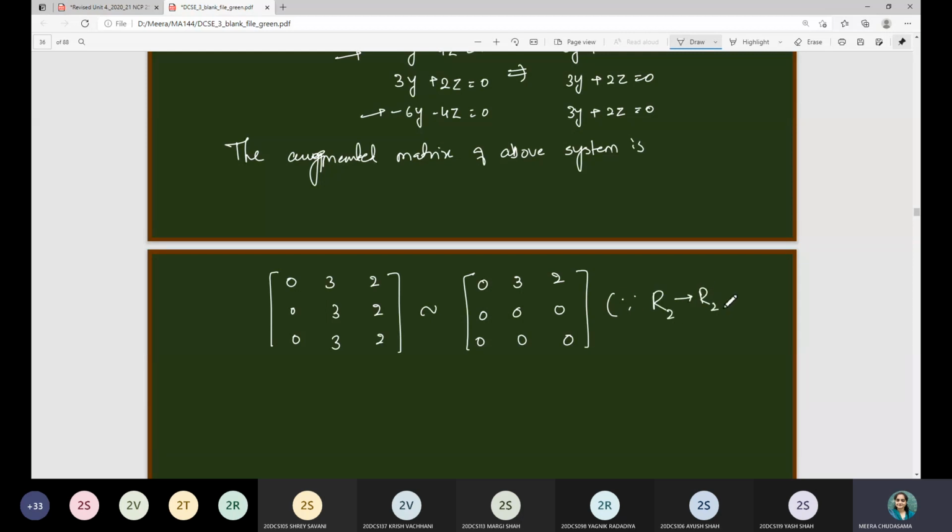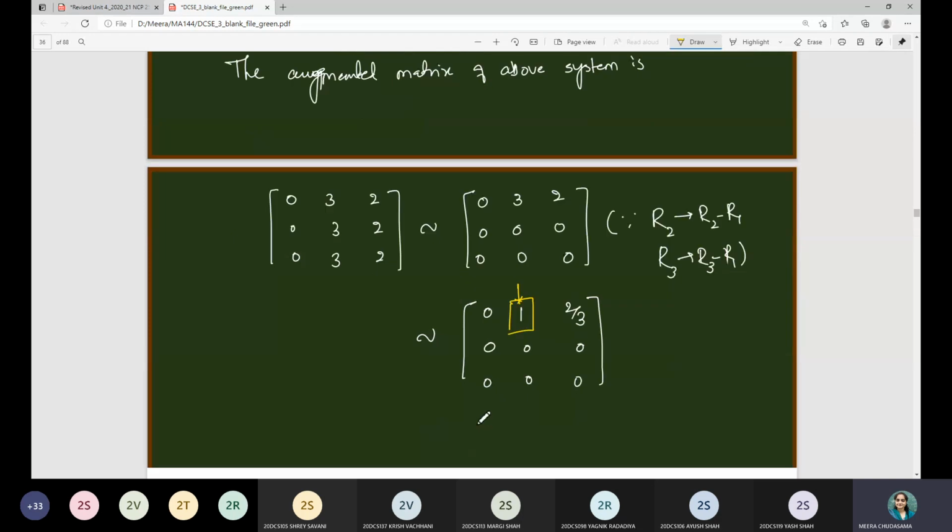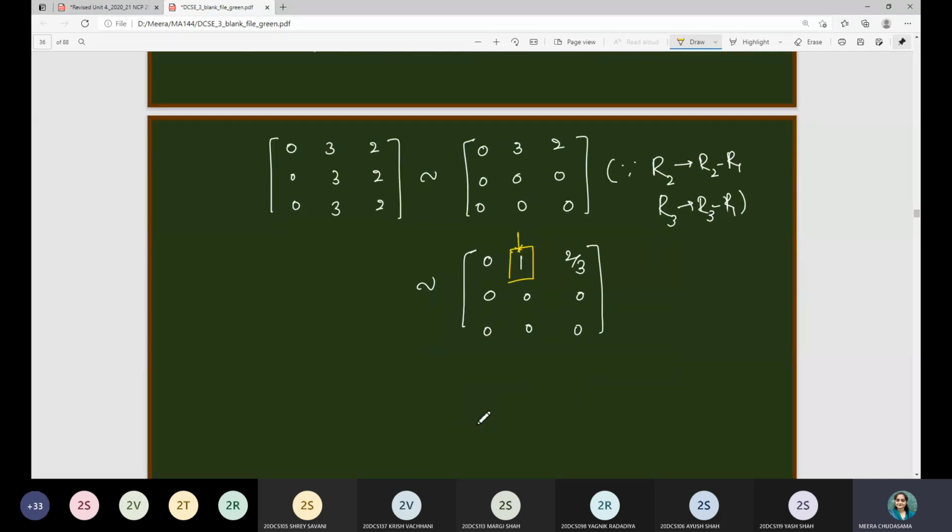So R2 is R2 minus R1, R3 is R3 minus R1, and now I will make the first leading one. Okay, so the leading one element appears only in the second column. But first of all, let me know, is this row echelon form or not?